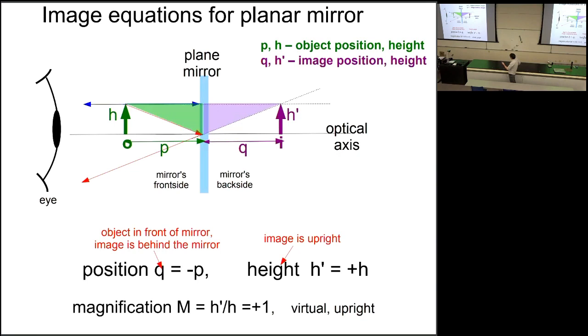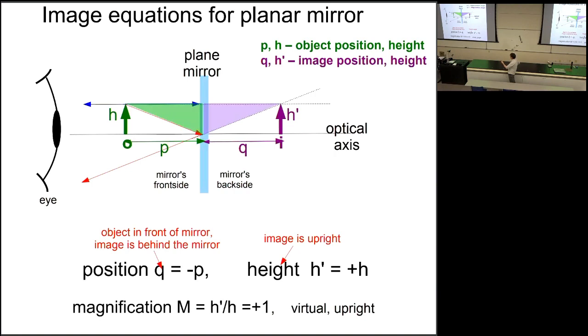When we constructed these two rays reflected off the mirror to construct the image formation, knowing the object position, we geometrically constructed two triangles. There's a green one over here, on the front side of the mirror, and a magenta one over here on the back side of the mirror.